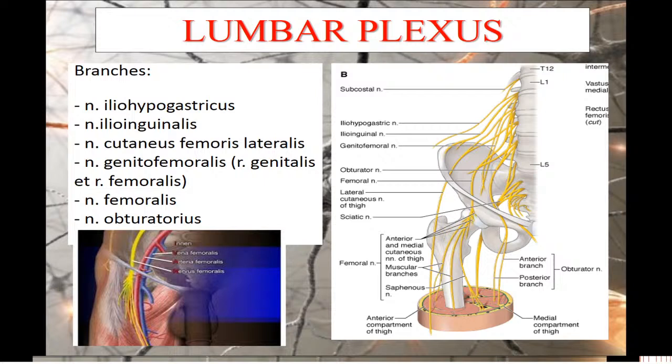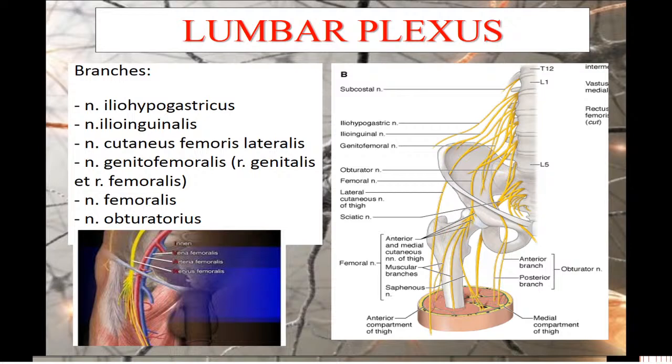Of course, first, students' favorite, muscular branches, rami musculares. These muscular branches supply mainly to the anterior thigh muscles, anterior muscles of the femoral region. I will remind you, these muscles are responsible for flexion of the thigh in the hip joint and for extension of the leg in the knee joint.